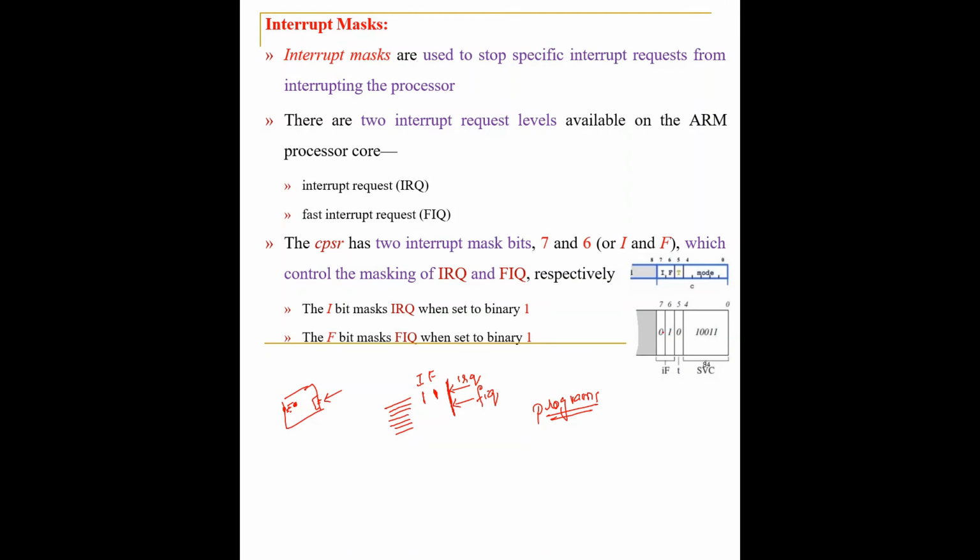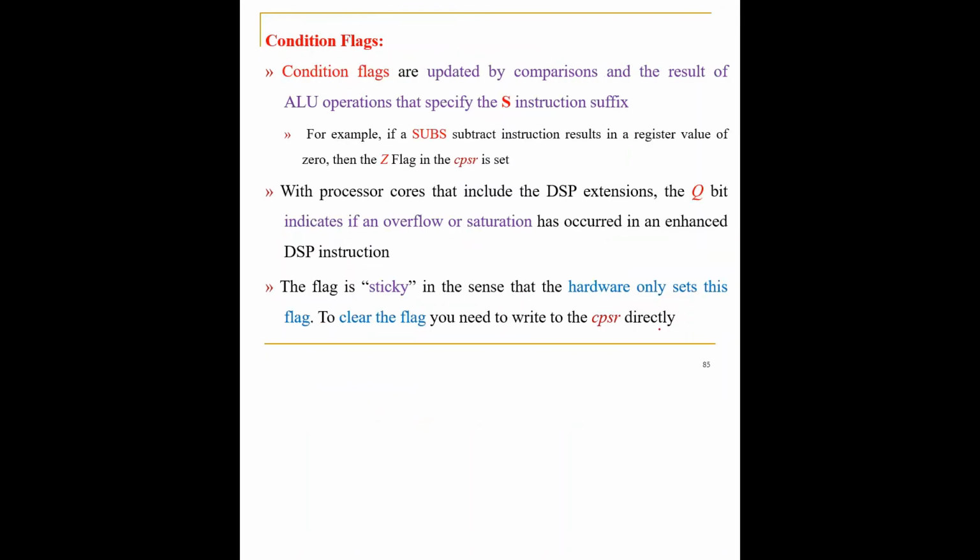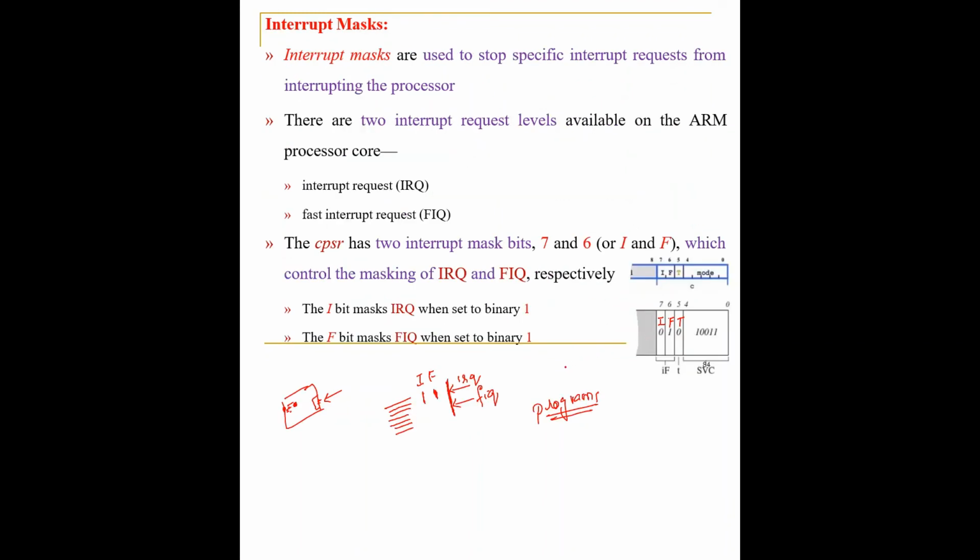Interrupt request has been enabled. Thumb bit has also been disabled here, and it is in SVC mode. SVC means supervisor mode. When it is in supervisor mode, the contents can be seen here: T is 0, I is 0, F is 1, T is 0, and then it is all about the mode. This is about masking the interrupt or fast interrupt request coming to the processor.